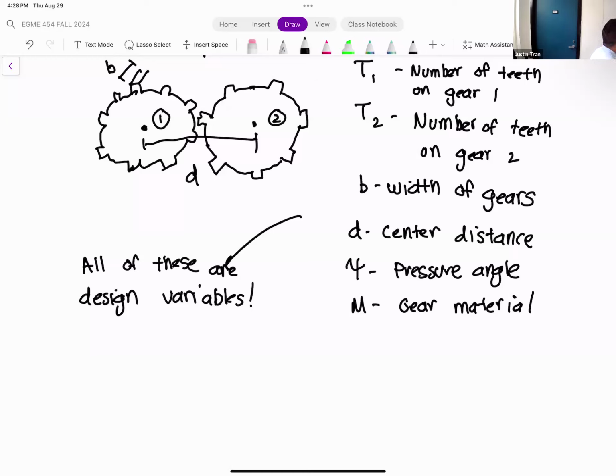So basically, any parameter that has some kind of numerical value in your engineering system that you can tweak, that's going to affect the performance, counts as a design variable.